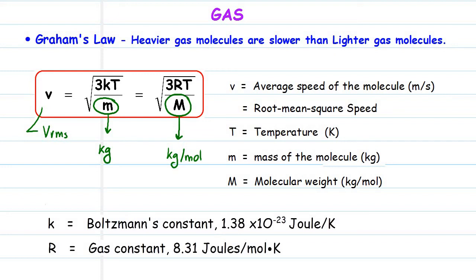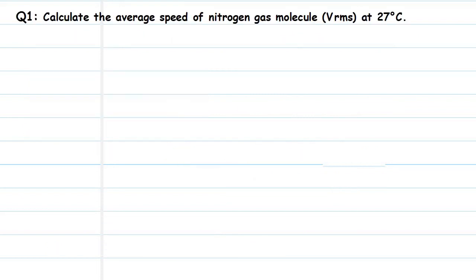So let's take a look at how we can use these two formulas to calculate the average speed of gas molecules. In this question, they ask us to calculate the average speed of a nitrogen gas molecule, or VRMS, at 27 degrees Celsius. So we're going to try using both formulas.